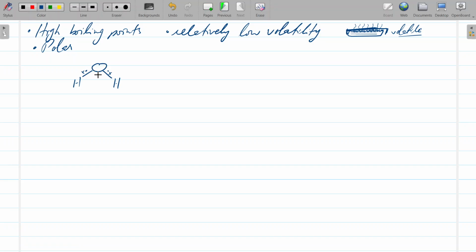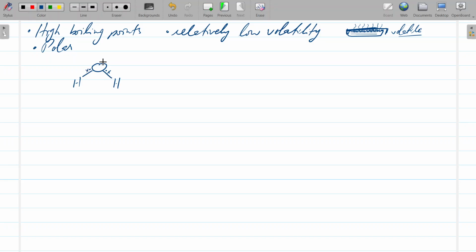Because oxygen has more protons in it, hydrogen only has a single proton, oxygen has eight of them, oxygen is pulling the shared electrons more towards itself. So if I redraw that, the electrons are being shared, but they're pulled towards oxygen. They're closer to oxygen in a way.